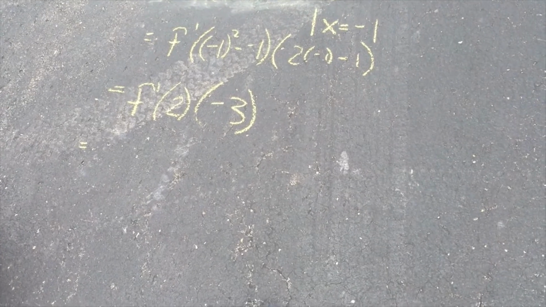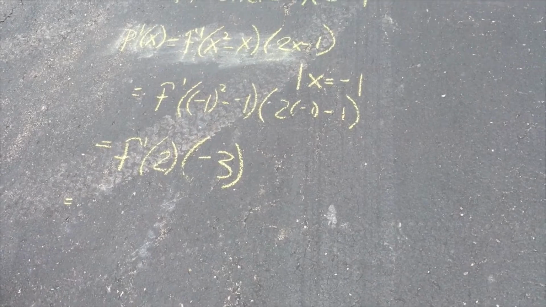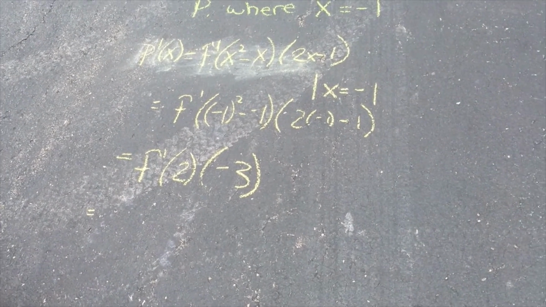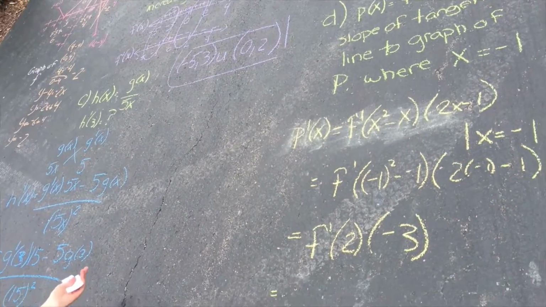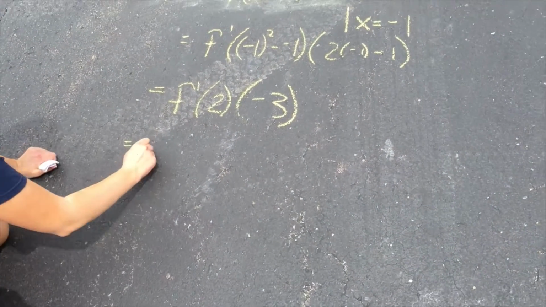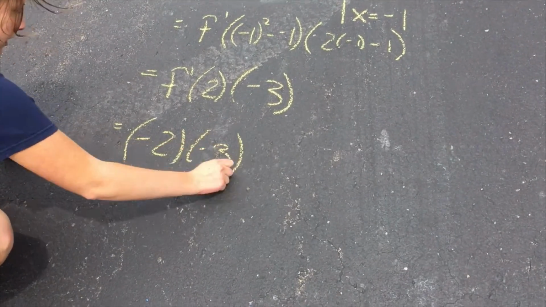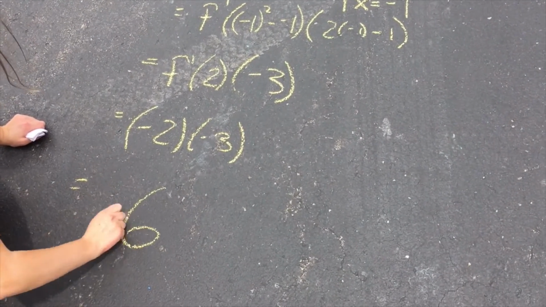So now the final part is simply solving it. F prime of 2 is the slope where x is equal to 2, as we used in the graph earlier. And what we solved for was that f prime of 2, that slope of that line, is equal to -2, times -3, and our value is equal to 6.